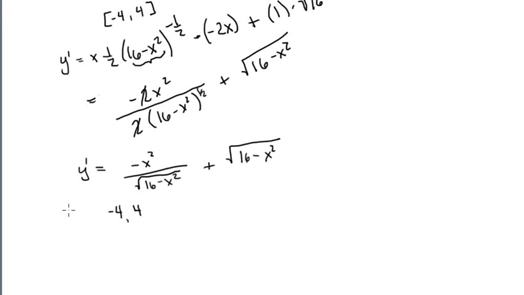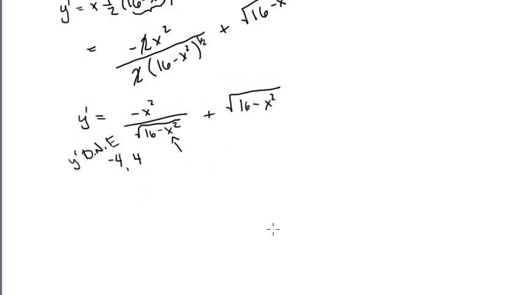So my y prime does not exist at negative 4 and 4, even though it's defined in my original function, because I get division by 0 when I try to put those values of x into y prime. So these form at least 2 critical points, negative 4 and 4.